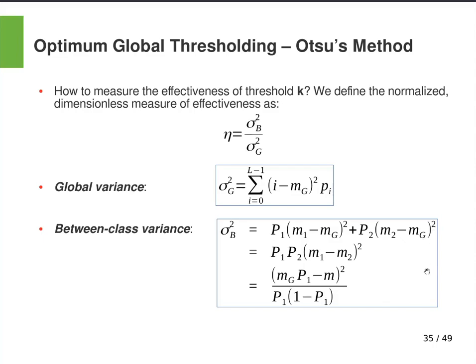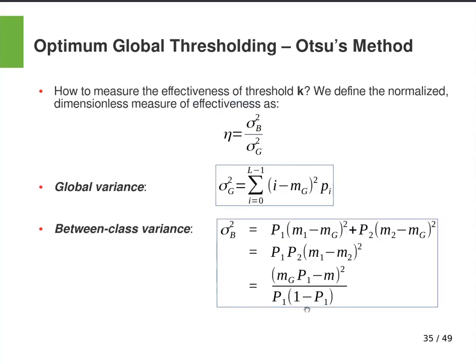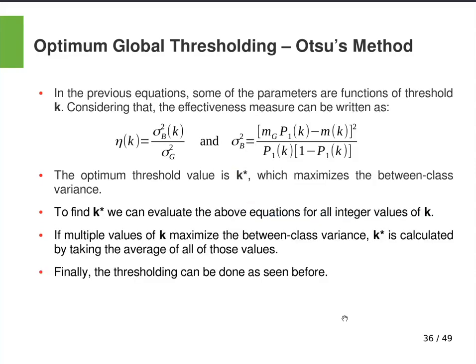You can manipulate this equation using the previous conclusion that we had, and then rewrite it in this form: (Mg P1 minus M) squared over P1 multiplied by (1 minus P1). Now if you look closely, some of the parameters were dependent on k, the threshold, so they are functions of k.